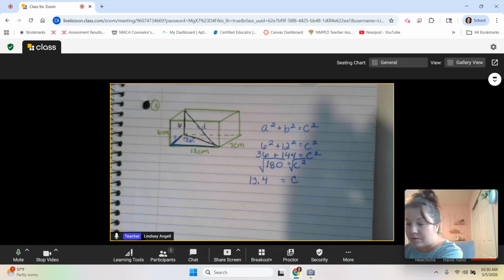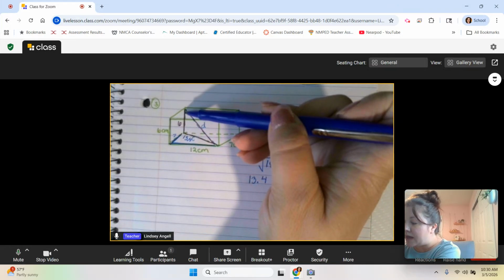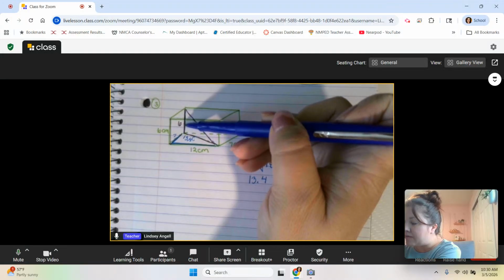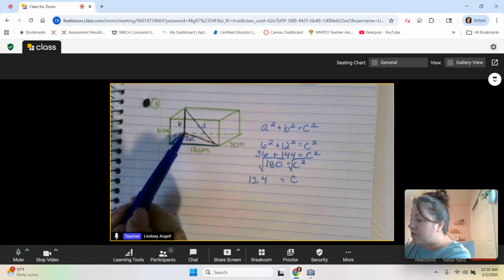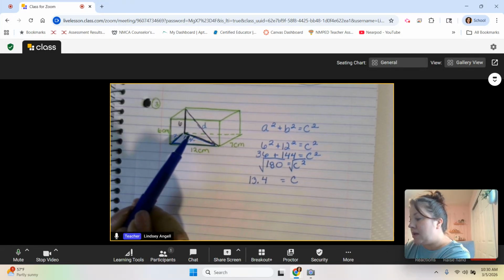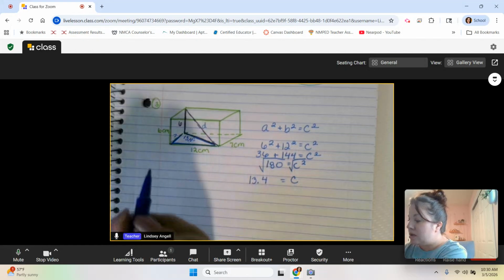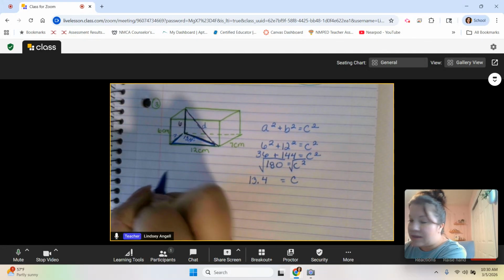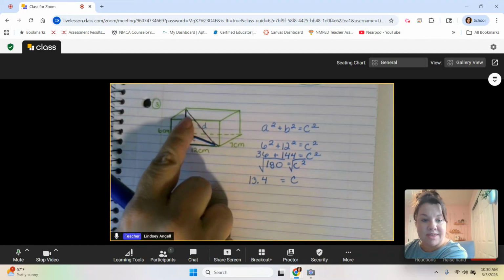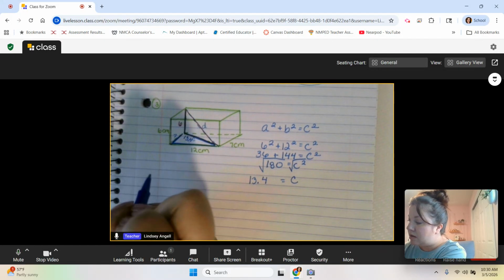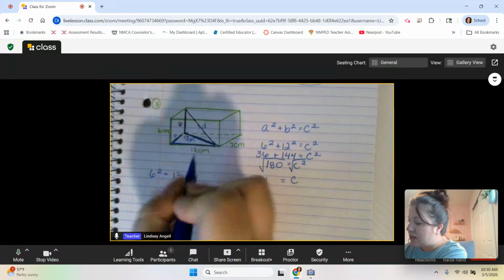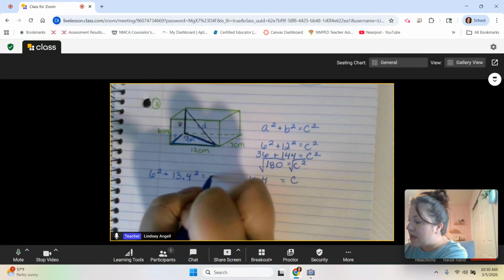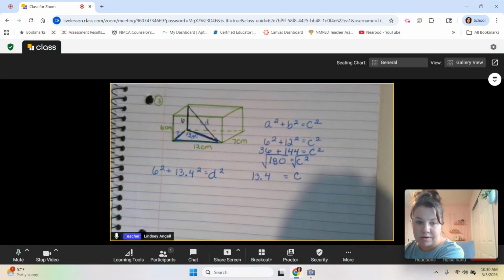So now I know the measurements of the legs of that diagonal triangle that I need, right? The hypotenuse of my first triangle becomes one of the legs of the second triangle. So again, filling in the Pythagorean theorem, but now with this triangle's information, we would say 6 squared plus 13.4 squared equals d squared.